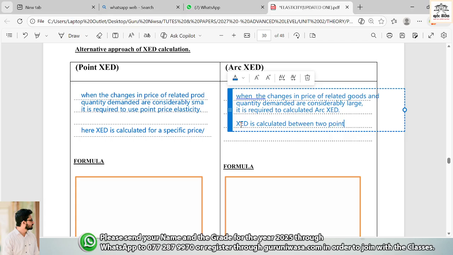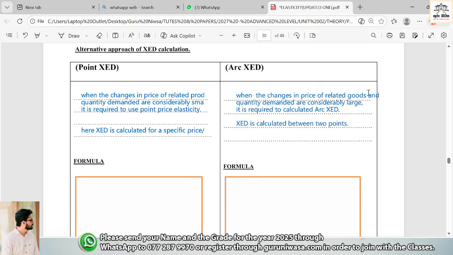Points mean prices. Are you okay, Sanuli, Alan? Okay, yes sir. Then the equations. What are the equations? Simple, as we did in income elasticity of demand and price elasticity of demand.